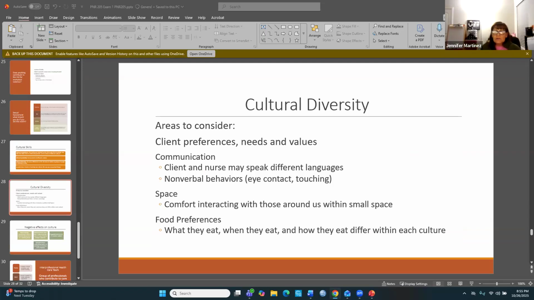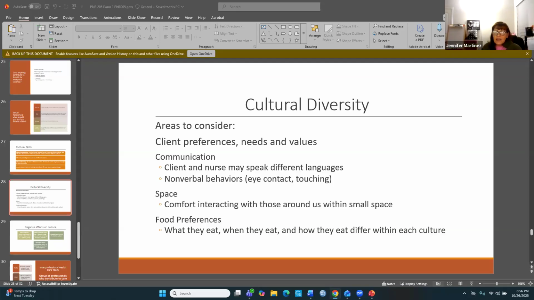So when we look at cultural diversity and things that we need to consider: their clients' needs, their preferences, their values. How can we make sure that we are incorporating their cultural needs, their cultural values and preferences into the plan of care that we need to provide? Communication, we may speak different languages.